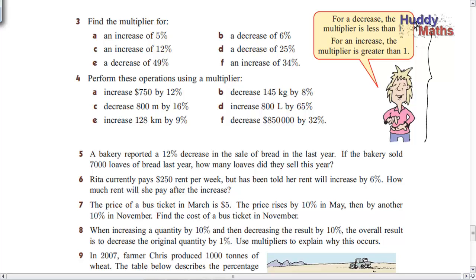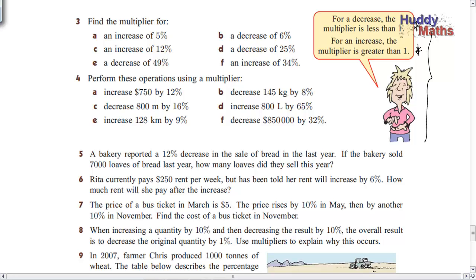For an increase, you're going to have more than 1, because 1 is 100%. 1 out of 1, if you like, is 100%, all squares out of the total 100. So if you're going to have more, you've got to have bigger than 1. If you're going to have less, you multiply by less than 1. Try and get the hang of that. Okay, I'll show you those 8. We'll come up with 9 in a minute, and then I'll go forward and show the answers.